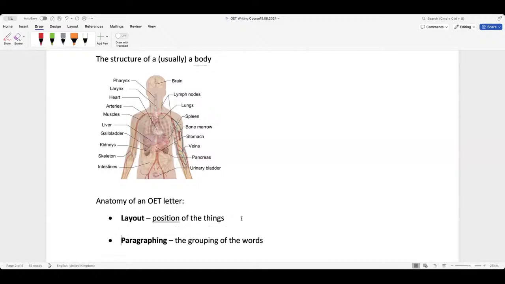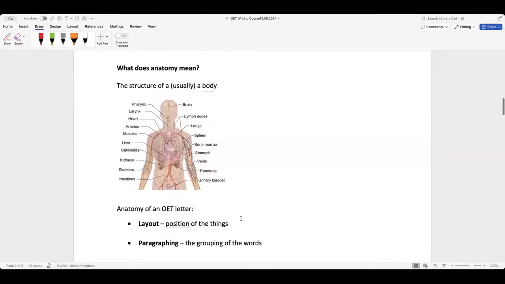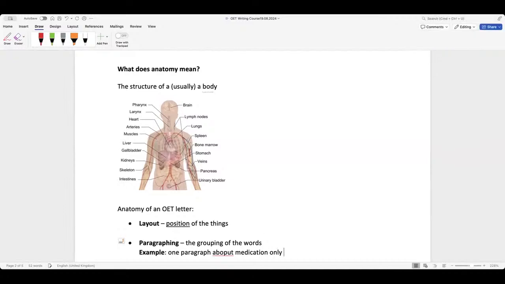For example, one paragraph about medication, one paragraph about care plan. Great, I'll put that here as an example. One paragraph about medication only. Okay, so guys, these are the two things I want to talk about today.